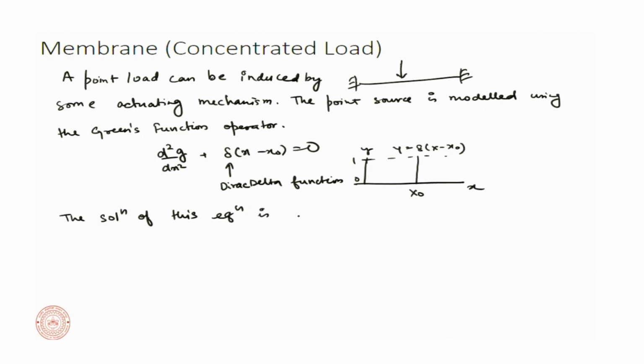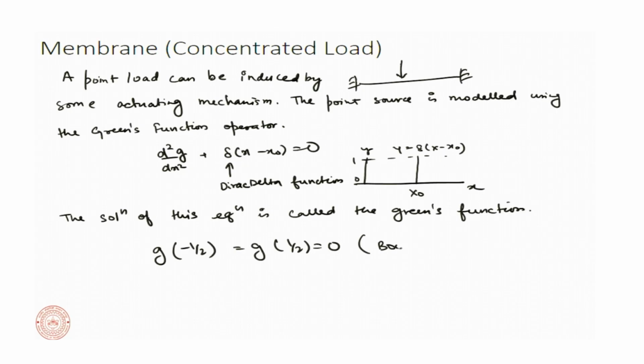The solution of this expression is called the Green's function. What we have is that g of minus 1 by 2 equals g of plus 1 by 2 equals 0. That was our boundary condition. So our domain is between minus 1/2 and plus 1/2, as for our stretched string.